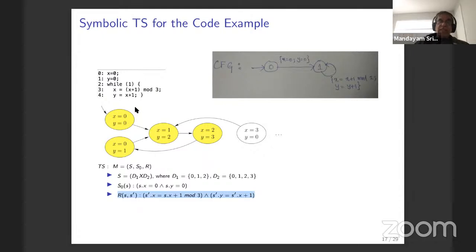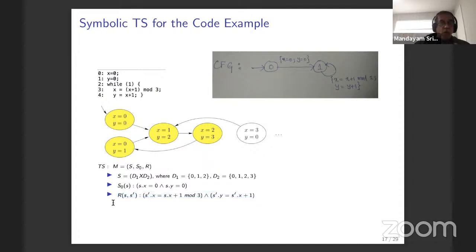In this case, the x component of the successor state S prime has to be x plus 1 mod 3, and the value of y in the post state has to be x plus, whatever x is in the post state, plus 1.